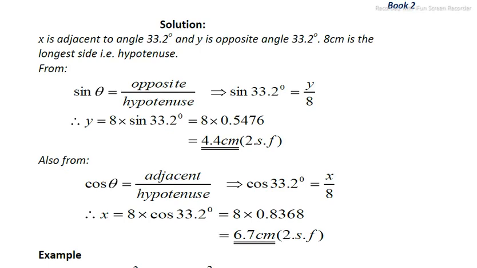So what connects the adjacent, the angle given, and the hypotenuse? Probably that is cos, whereby cos of the angle equals the adjacent over hypotenuse. And therefore, when we substitute, our angle is 33.2, the adjacent is x, the hypotenuse is 8. So when we multiply throughout by 8, we shall come up with x as 6.7. Remember, we are correcting to two significant figures.